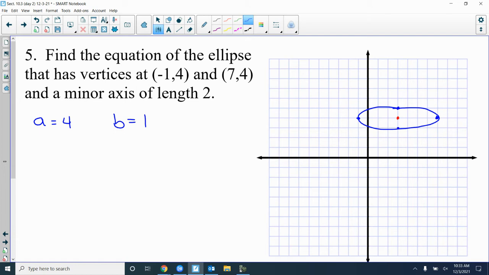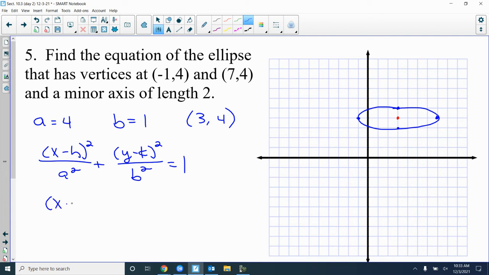So horizontal or vertical? Well, if the major axis is across, it's got to be horizontal, which means it's going to be x minus h squared over a squared plus y minus k squared over b squared equals 1. We set our center, 3, 4.